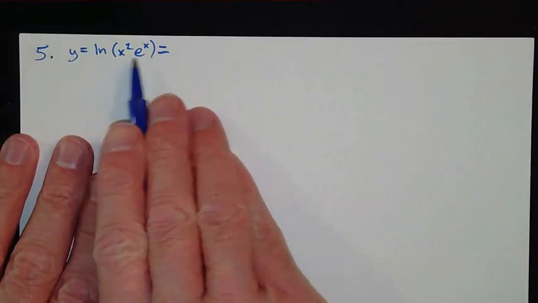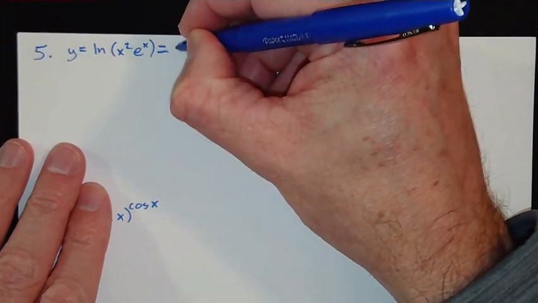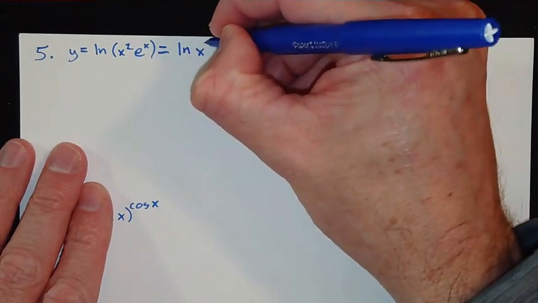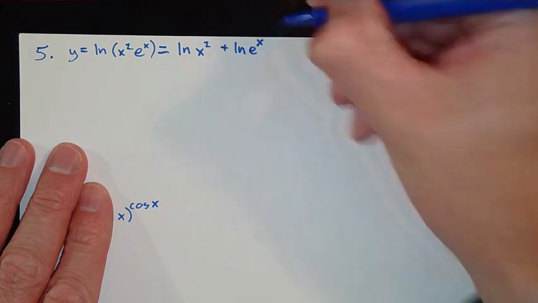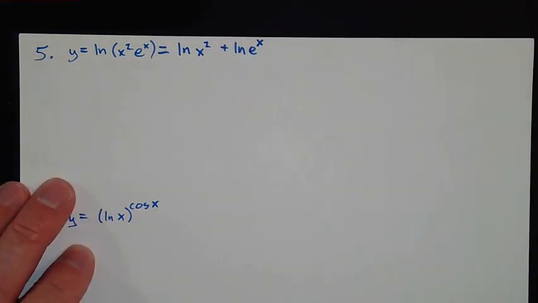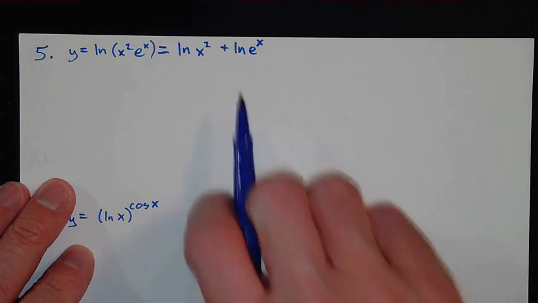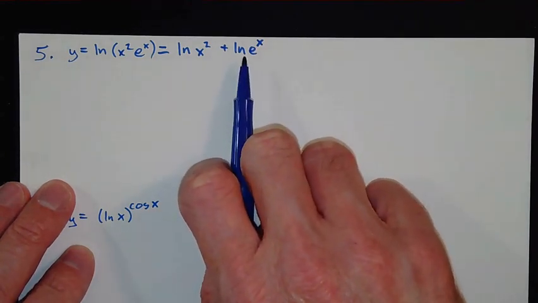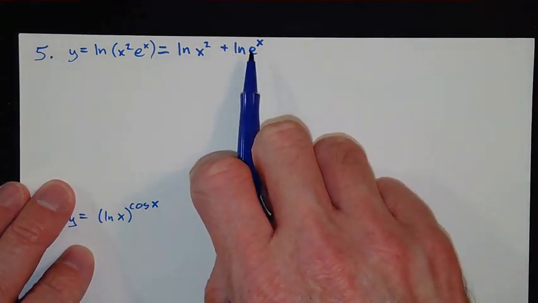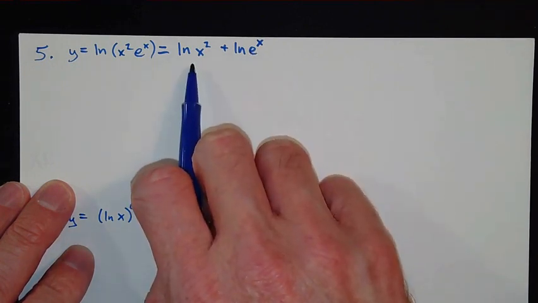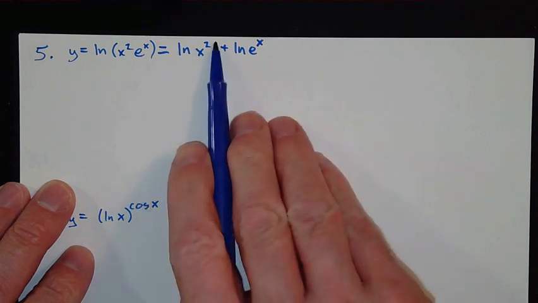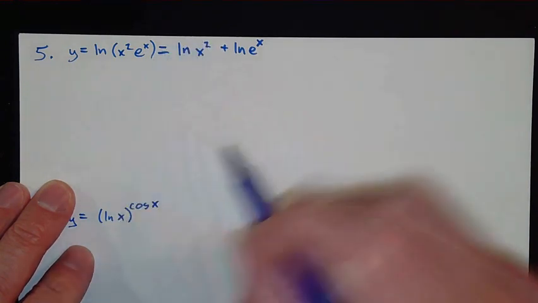I know the log of a product can be broken down to be the log of the first thing plus the log of the second thing. And in this case, it gets even better because the natural log of e to the x, well, natural log and the natural exponential cancel each other out, so that's just x. And then the natural log of x squared, I've got natural log of something raised to a power. So you can bring that power down to the front.